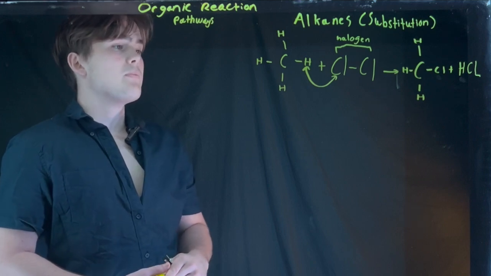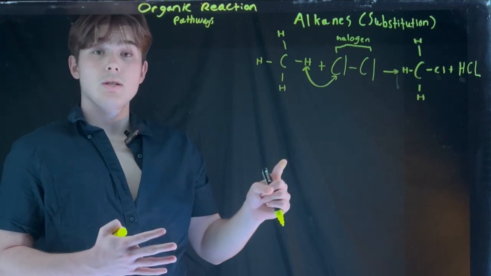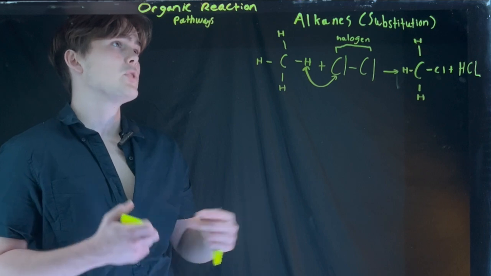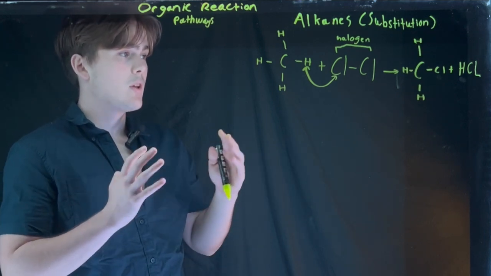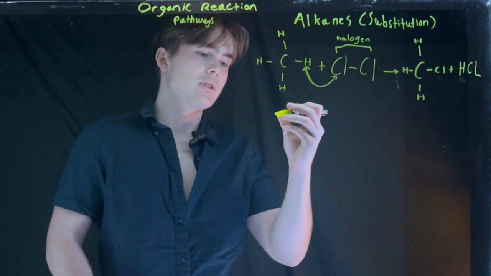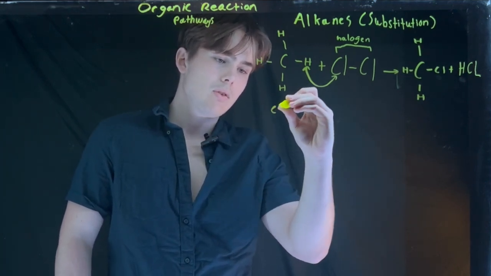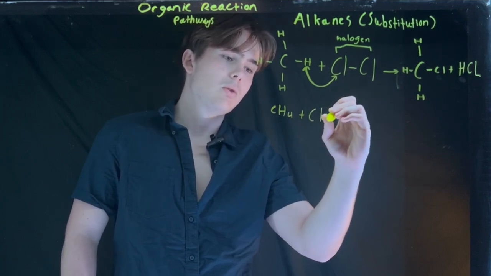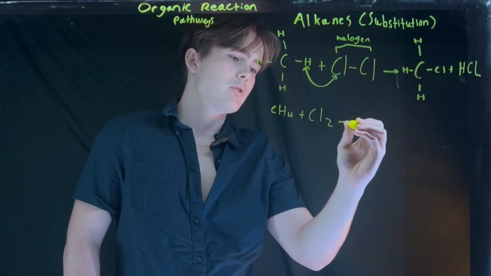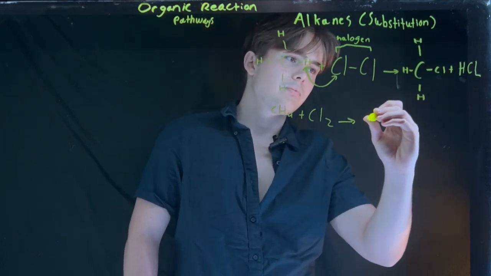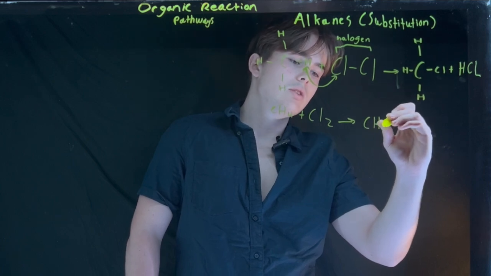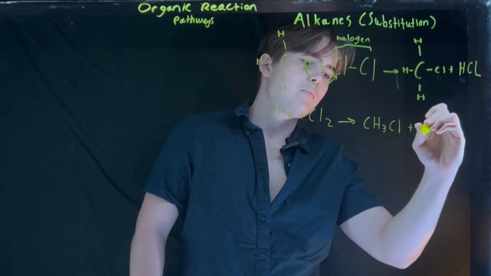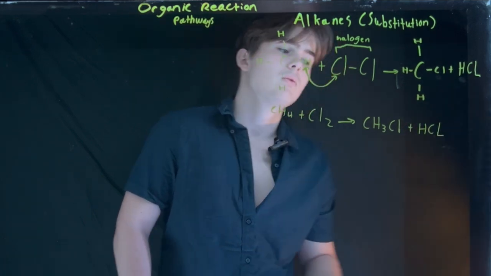Alright, so this is the structural formula for this reaction. We also might be given just the abbreviated word or chemical equation, which would look like this. So this is CH4 plus Cl2, and this produces CH3Cl plus HCl.